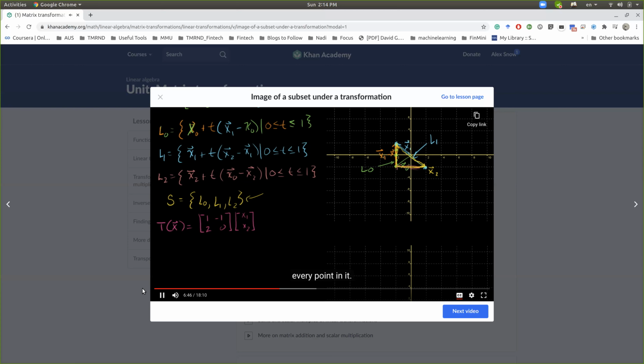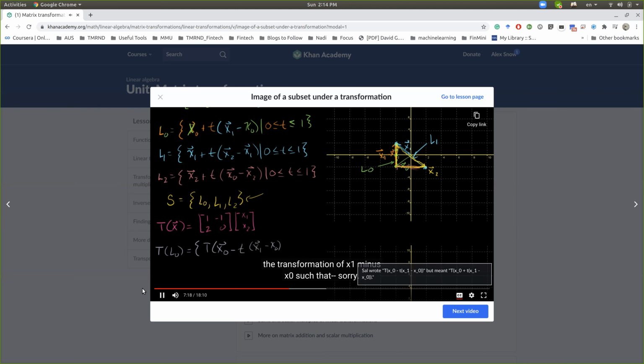So let me take the transformation first of L naught. The transformation of L naught is equal to the transformation of this thing, right? This is just one of the particular members of L naught, for a particular t. So it's going to be equal to the transformation of x naught plus t times (x1 minus x naught), that's a lowercase t, not the transformation, such that 0 is less than or equal to t is less than or equal to 1.